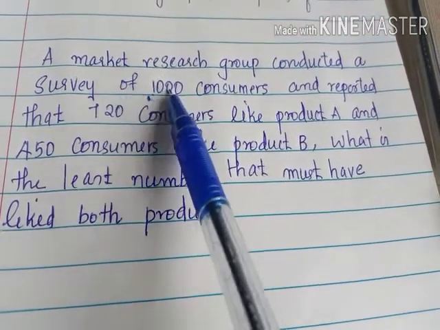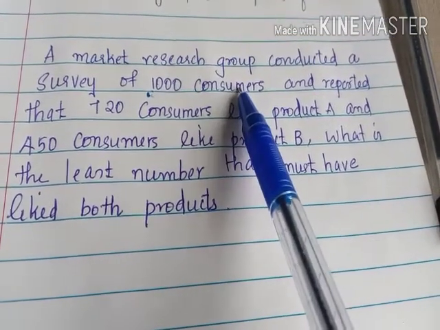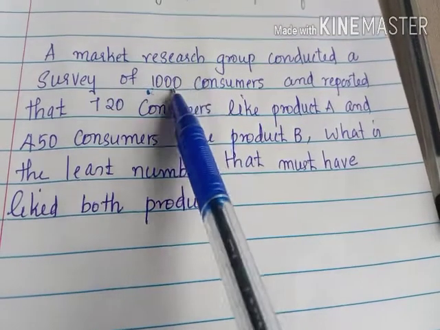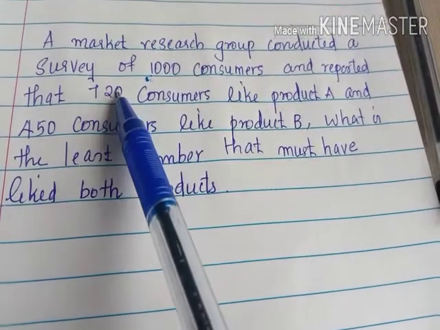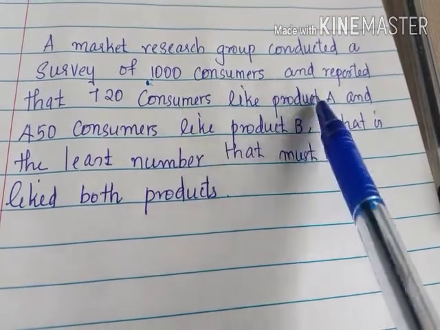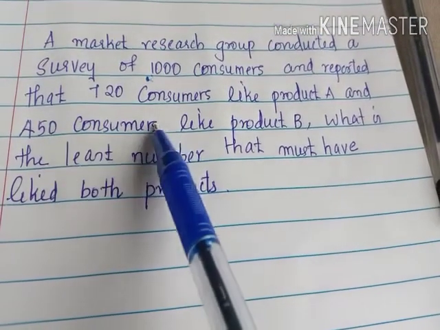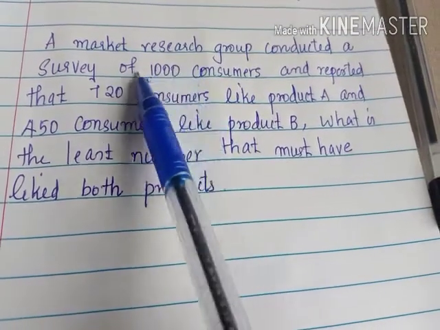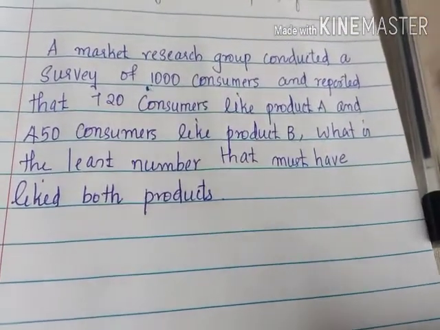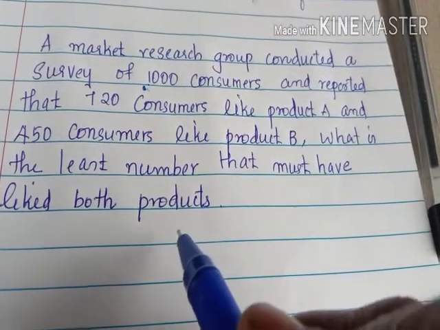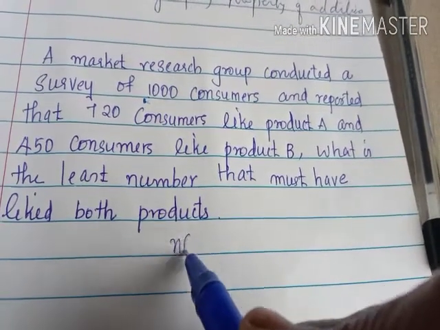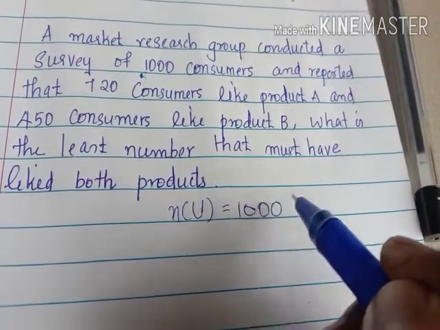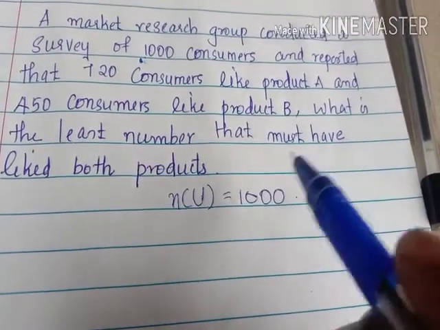So in total we have 1,000 consumers. Out of these 1,000 consumers, 720 consumers like product A and 450 consumers like product B. We can consider this 1,000 as our universal set, so n of U equal to 1,000.